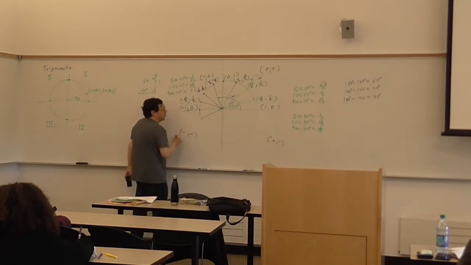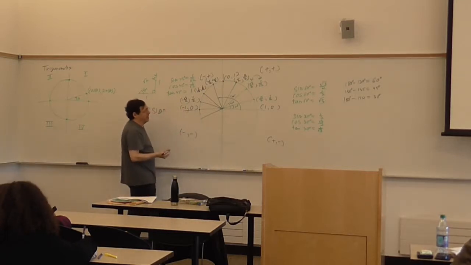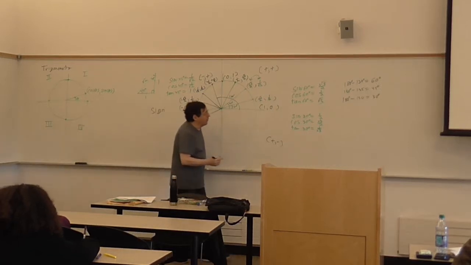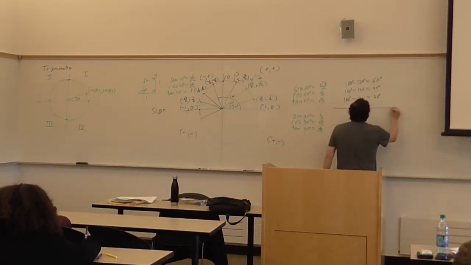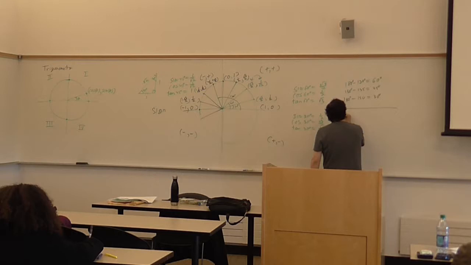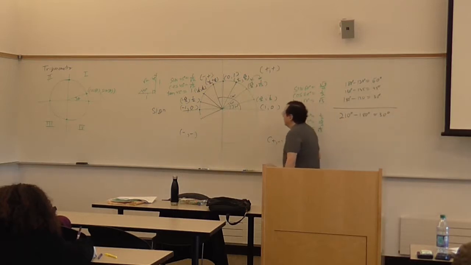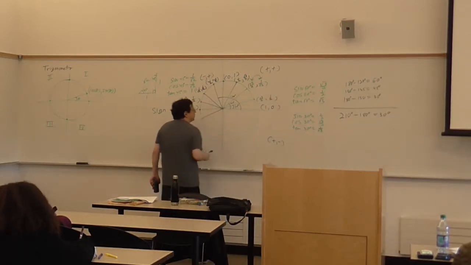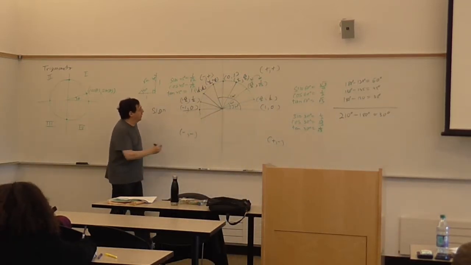move 30 degrees further, that's 210. But now, when we figure out the reference angle, it's not 180 minus 210, it's 210 minus 180. It's 30 degrees. Again, we can look at our reference angle.